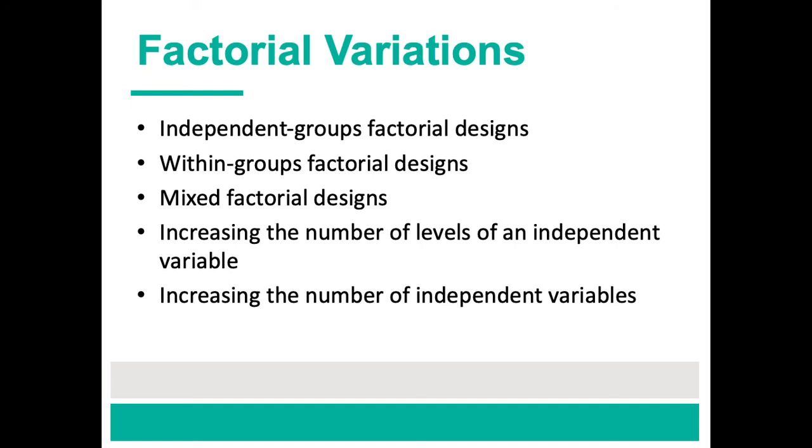Anyways, we can increase the number of levels of an independent variable as well as the number of independent variables. I described this with the 2x2 versus the 3x2. You can have 2 levels of each independent variable, let's say hot or cold and young or old, but you can also have 3 levels of the independent variable, let's say hot, medium temperature, and cold.